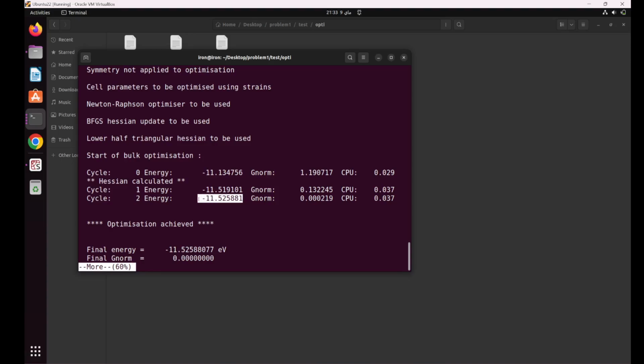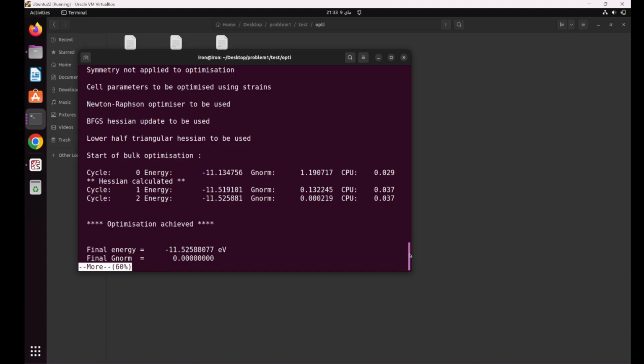The final energy is minus 11.5, which is lesser than the initial energy. So we were really minimizing the energy of the structure. And Gulp acknowledged that optimization has been achieved. If you wonder what is the stopping criterion, it's something called the gradient norm, the norm of the gradient vector.